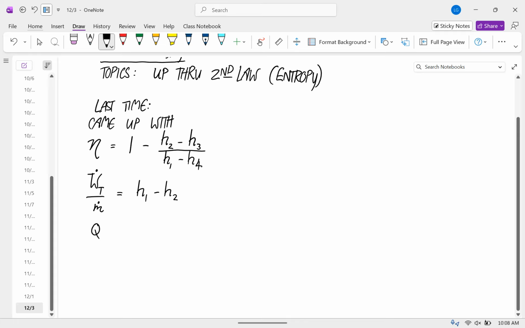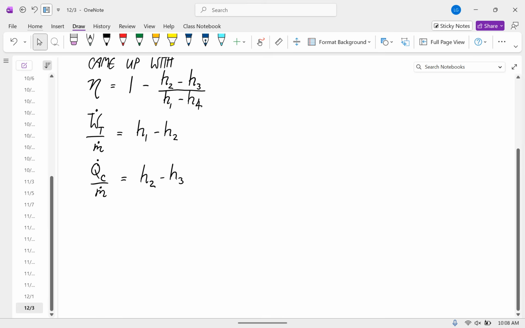The rate of heat transfer out of the working fluid at the condenser divided by the mass flow rate is H2 minus H3. The rate of work that has to be provided to the pump divided by the mass flow rate is equal to H4 minus H3.